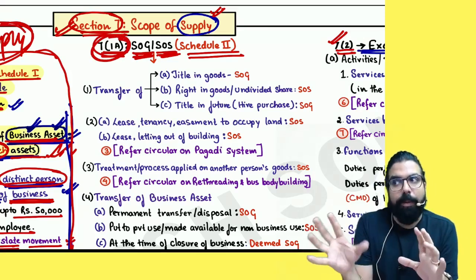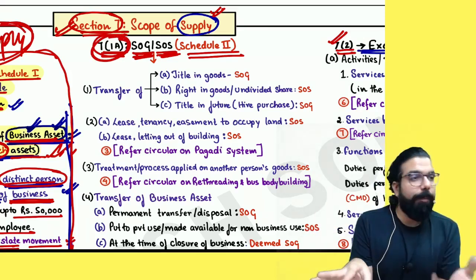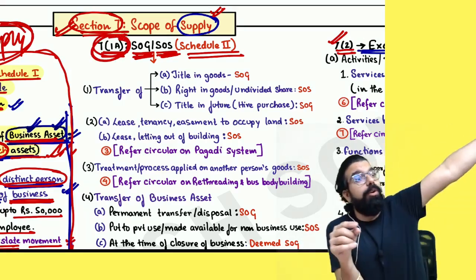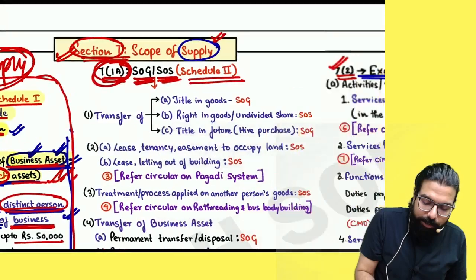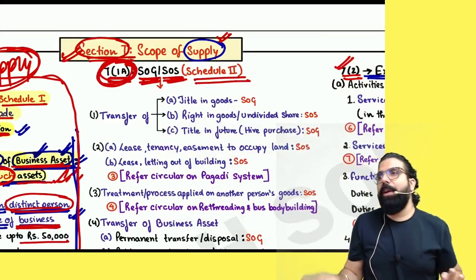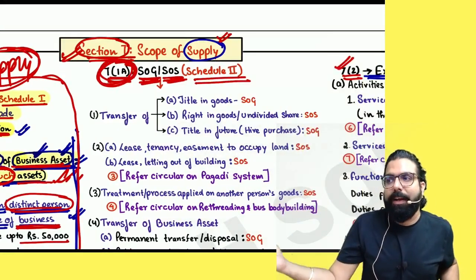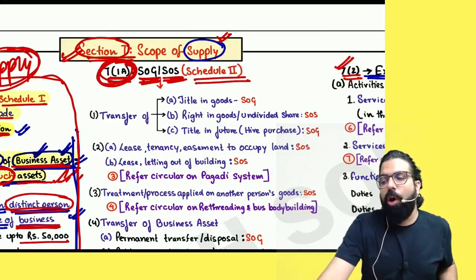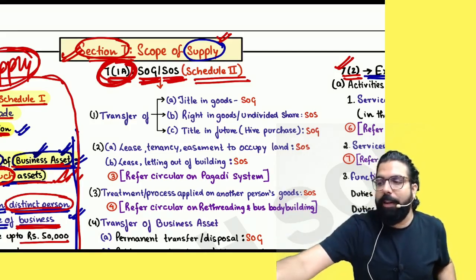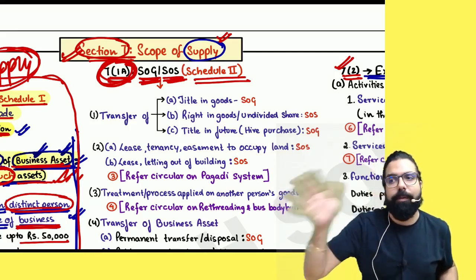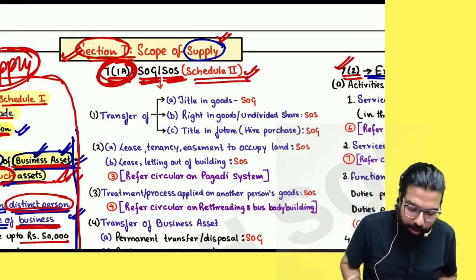Whether an activity will be supply of goods or supply of service, please go to Schedule 2 and check. So now we are going to discuss Schedule 2.